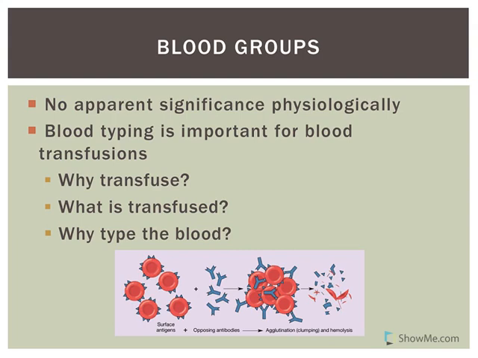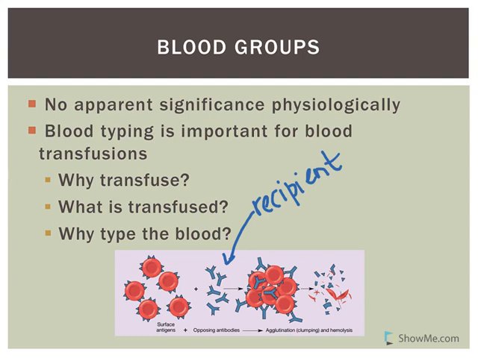So why do we type the blood? Because of what potentially can happen if you give someone the wrong type of blood. If you see the picture on the bottom, I'm going to label this as who's going to be receiving blood.